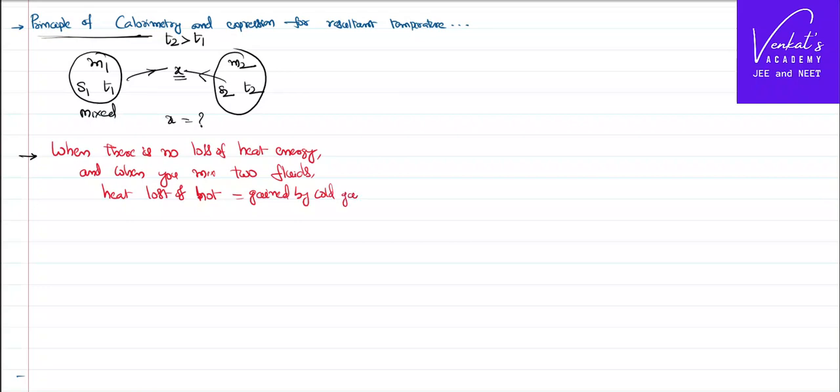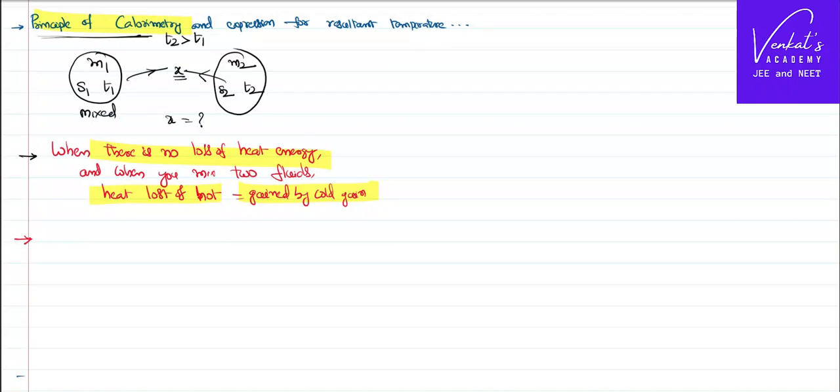So when you mix these two bodies, the hot body will always lose heat energy and the cold body will always gain heat energy. According to the law of conservation of heat energy, when there is no transmission loss, heat lost by the hot body is equal to heat gained by the cold body. That is called the principle of calorimetry.